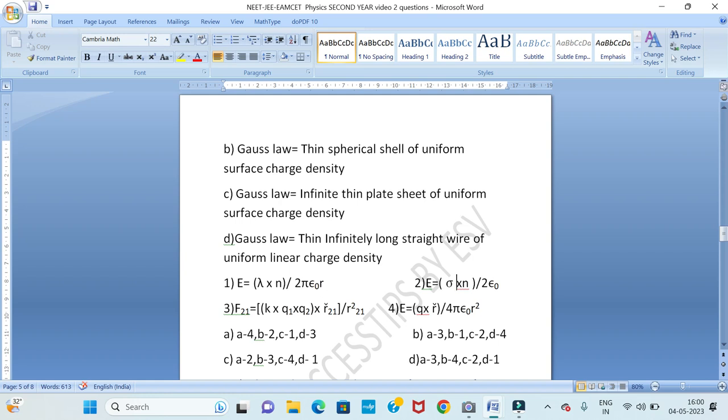Two point charges Q1 and Q2. Coulomb law is the mutual electrostatic force between two point charges Q1 and Q2, which is proportional to the product and inversely proportional to the square of the distance r21. Like that, you have to remember.